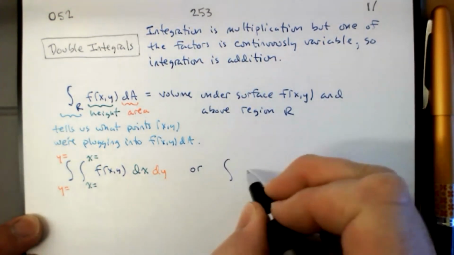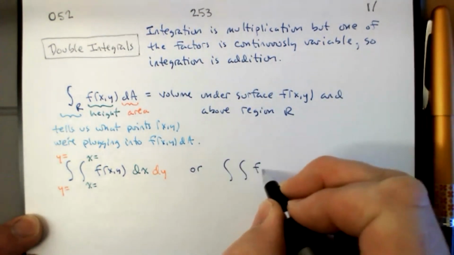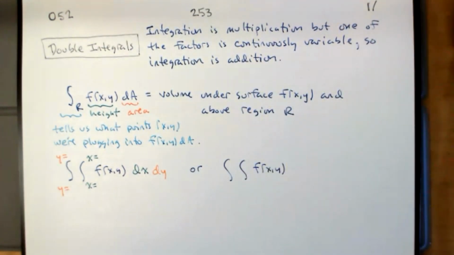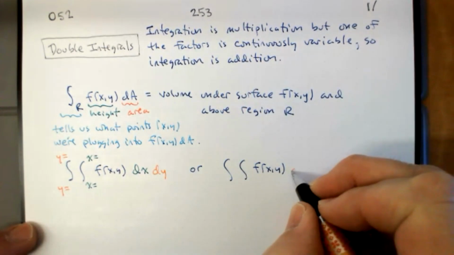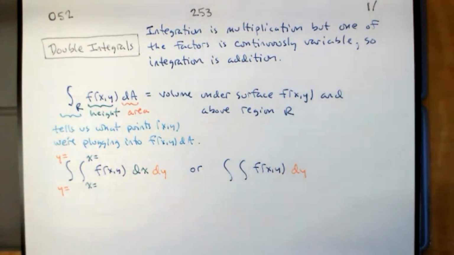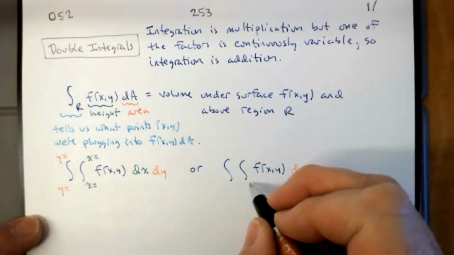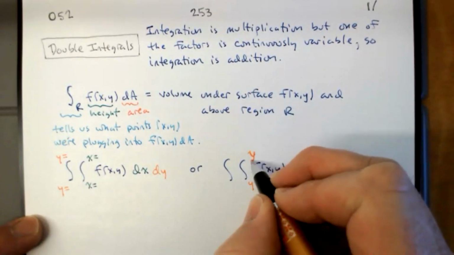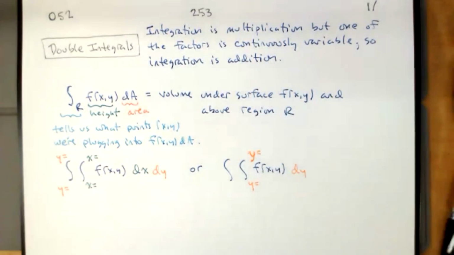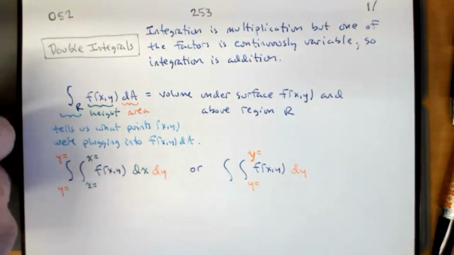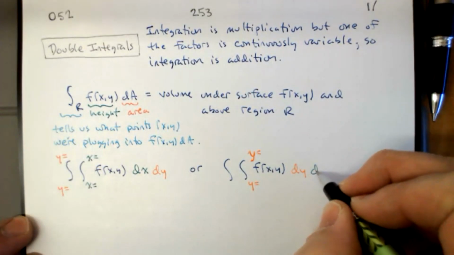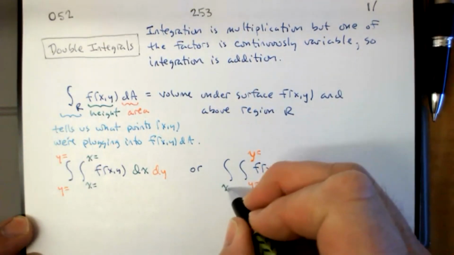The other way we could write this is the other order. We could split the dA as dy times dx. If we write dy first, then that inner integral is going to have to be y. And then with dx second, the outer integral will be the x integral.